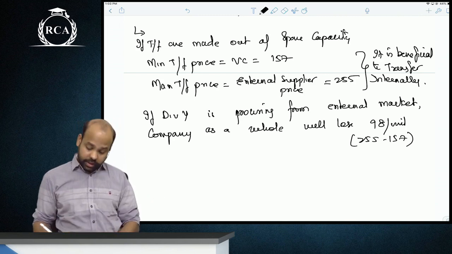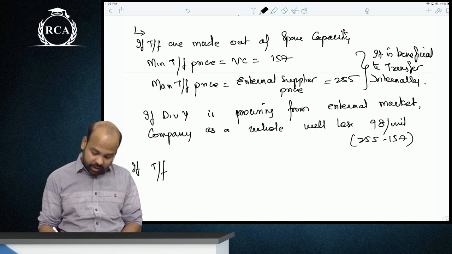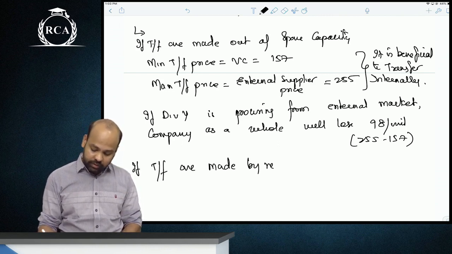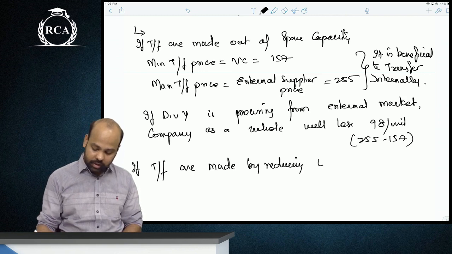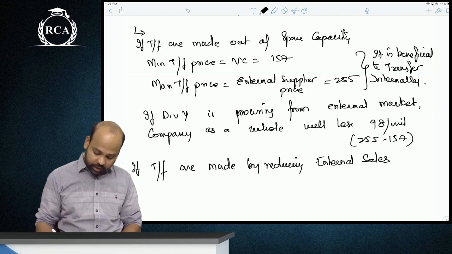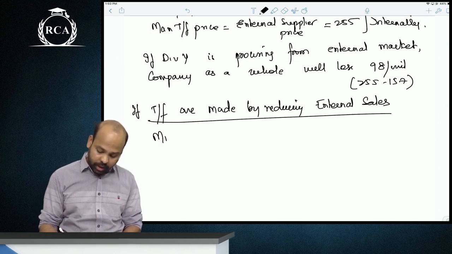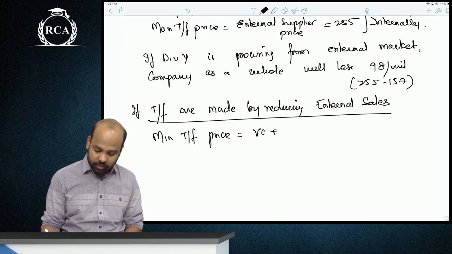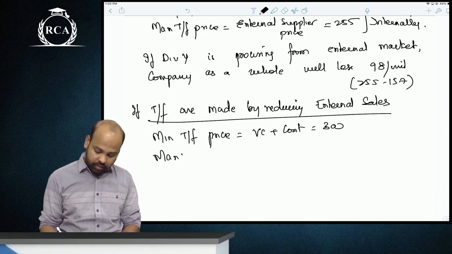Correct, sir? Correct. Likewise, beta, if transfers are made by reducing external sales, then I will talk about the financial impact. By reducing external sales, your minimum transfer price, beta, should be variable cost plus contribution, that is 300. Maximum transfer price, beta, is 255.